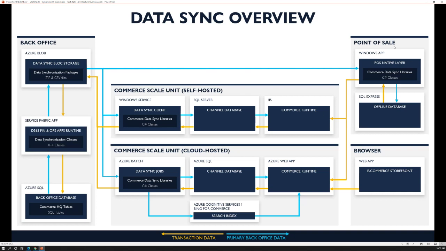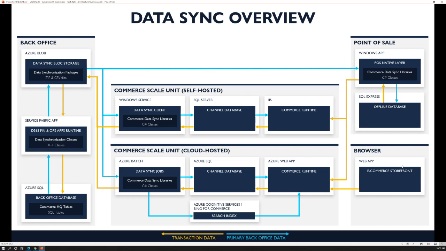On the modern point of sale for offline scenarios, again, the same thing. On the native layer of the Windows application, we have the same Commerce data sync libraries. They download the exact same packages and apply them to the offline database, which really is the same schema as the channel database. It's just hosted on this machine.